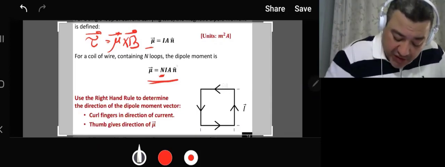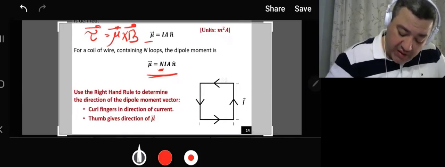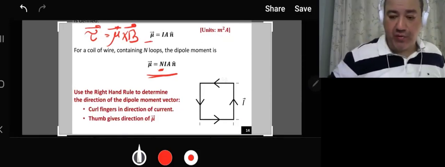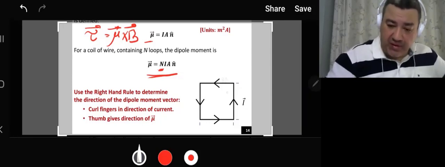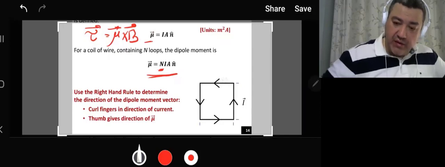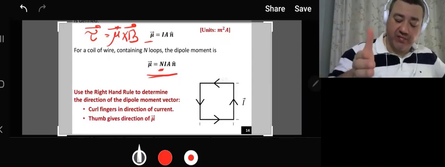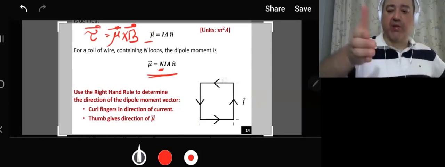And the direction would be pointing normal to the area of that loop, such that if we follow the right hand rule, we want to know the direction of this normal unit vector. You take your fingers that are curling, defining the direction that the current is going through.